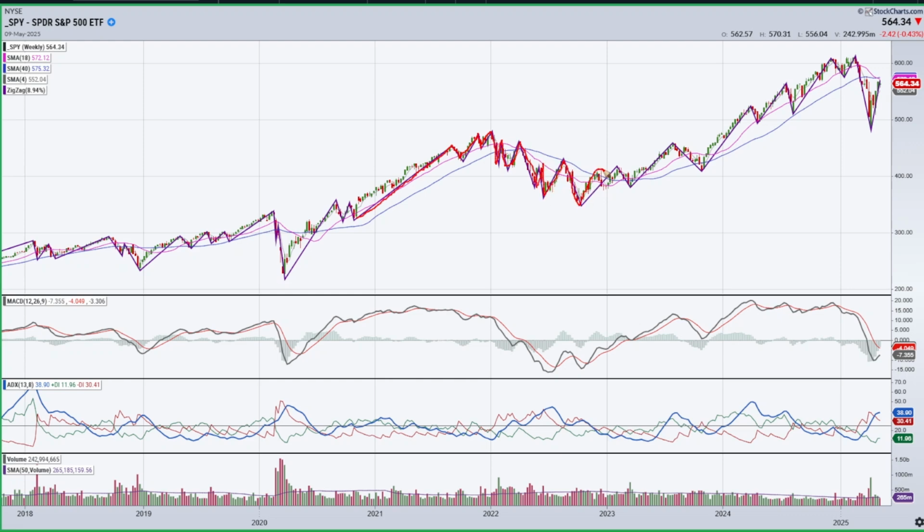Maybe it missed one here. Maybe if I'm doing this by hand, I would have one there. As long as you're not seeing a bunch of these, like if it's missing stuff on every single swing, I don't see that as a real swing. I don't think I would have included that. This one is a little close, but I'm willing to accept that as long as I'm being consistent.